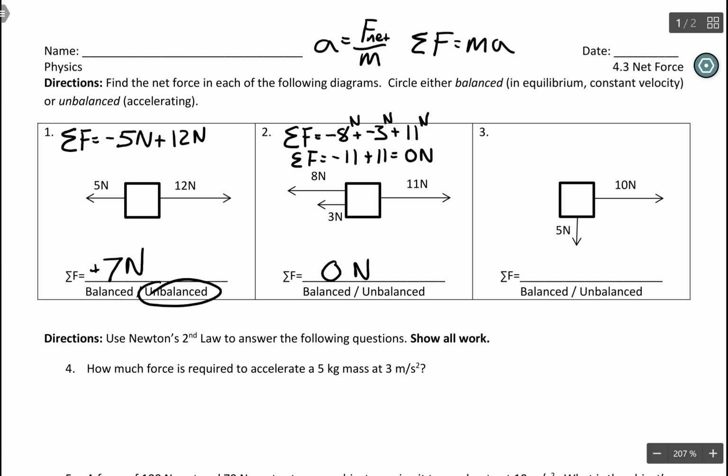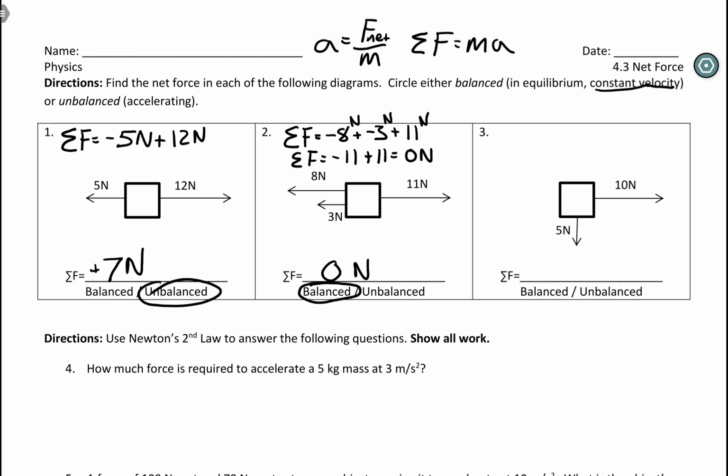It's the number 0 and then N for newtons. So there's no net force. Because the forces are balanced, there is 0 net force. And this object is moving with a constant velocity. Or maybe it's not moving and it has a constant velocity of 0 meters per second. Either way, the forces are balanced.